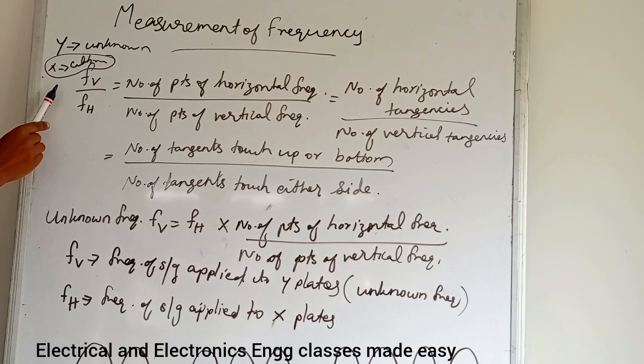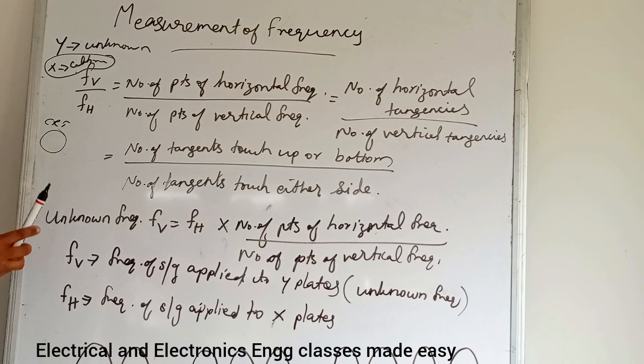Then the frequency of the calibrated or standard signal is varied till a suitable stationary pattern is obtained on the CRT screen.